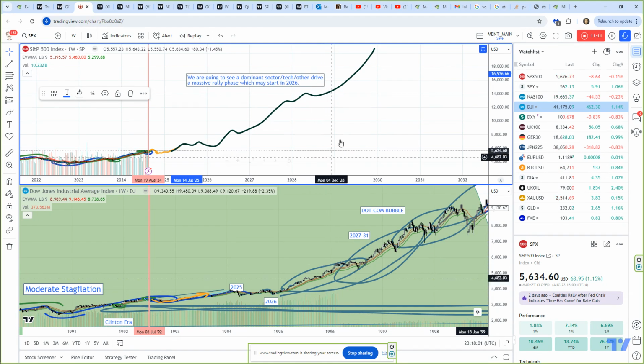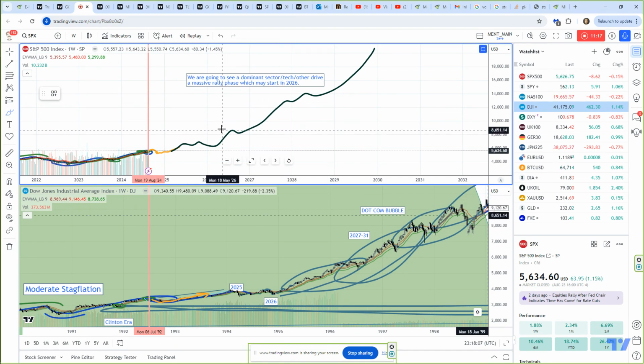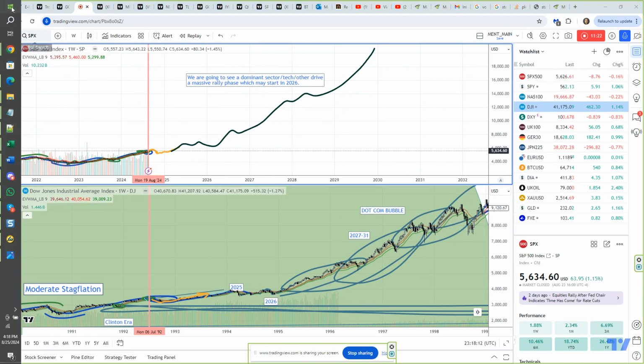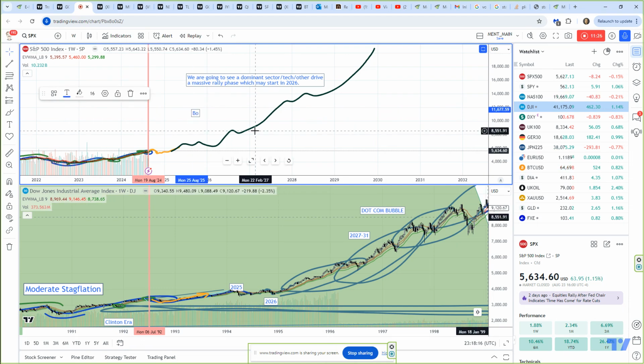Now, I'm calling this the .com bubble. What I'm calling this right now is I think this is going to be the, oops, botcom bubble.